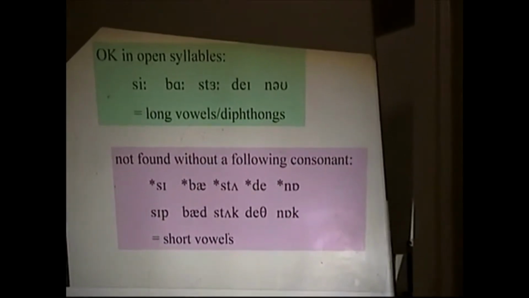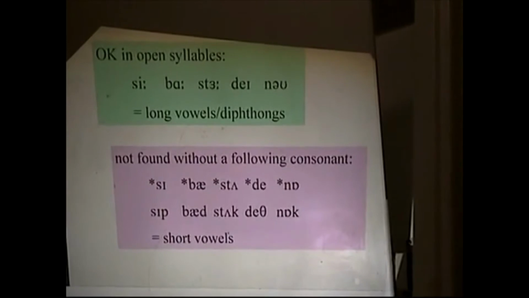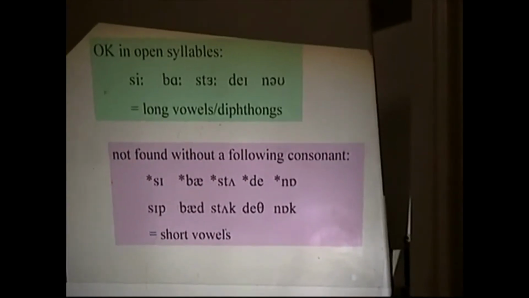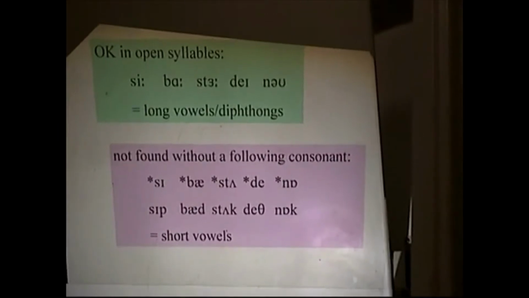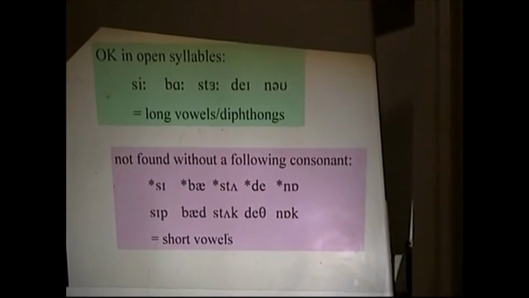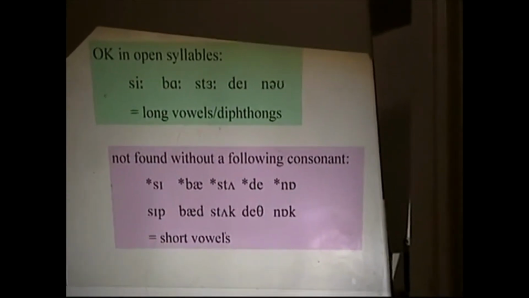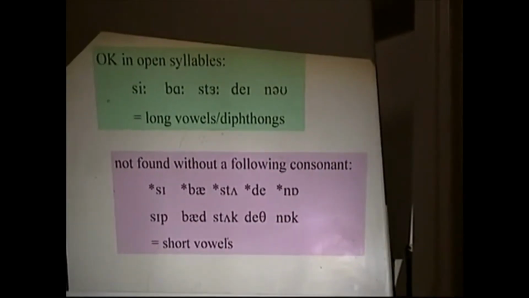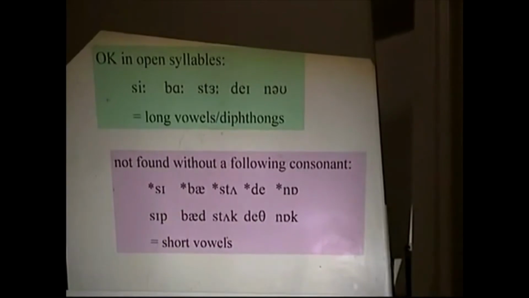Now, this is fundamentally different from the situation in many languages where there is no such restriction upon the distribution of vowels. And it means that a word like bad, not good, conforms very exactly to the expectations of English phonology.